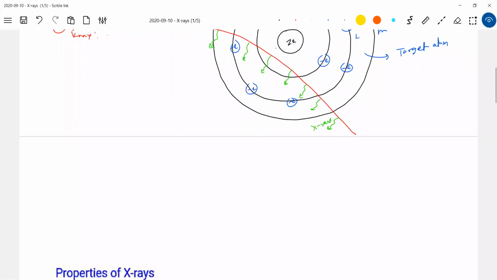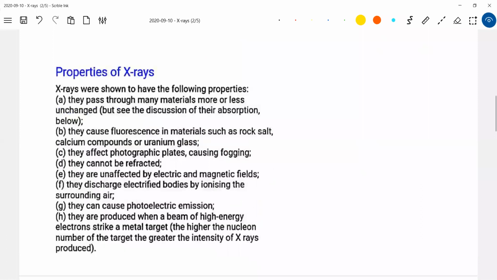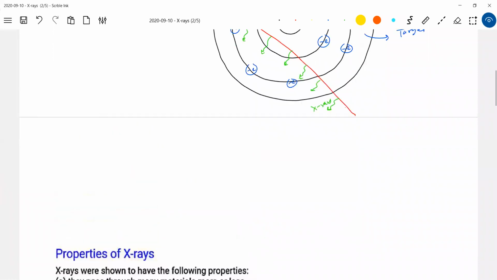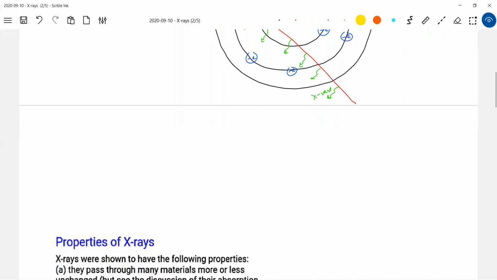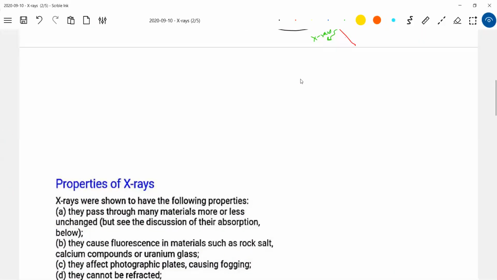So if I plot that spectrum, I'll call that a continuous X-ray spectrum. How will the curve be?